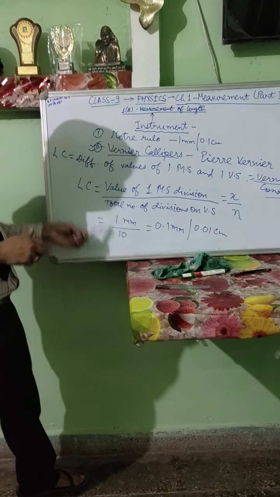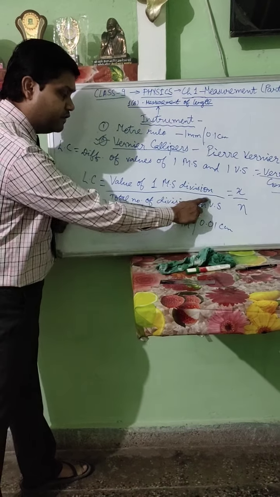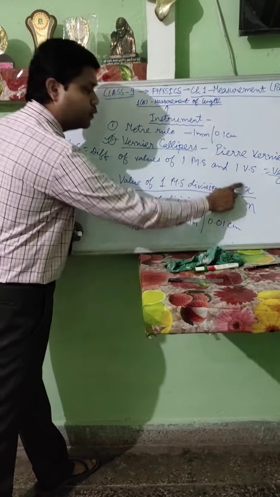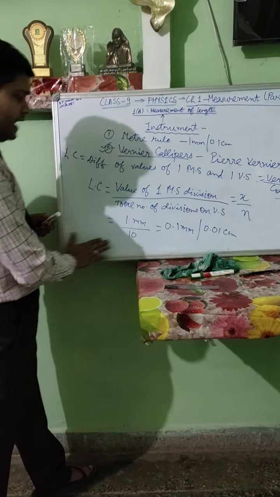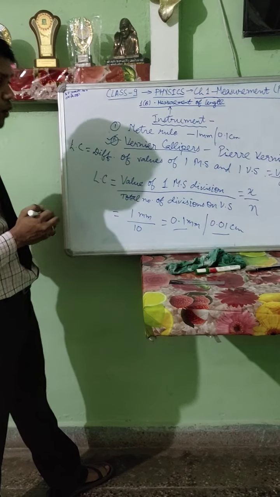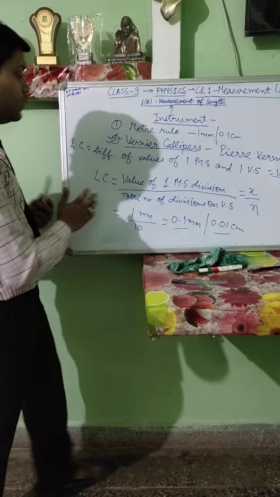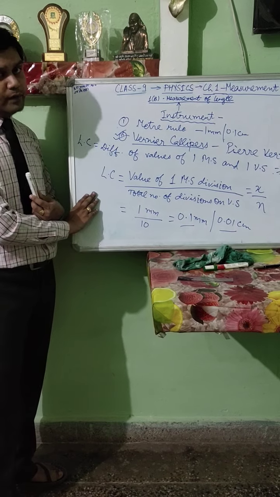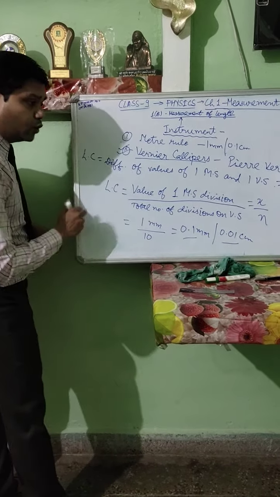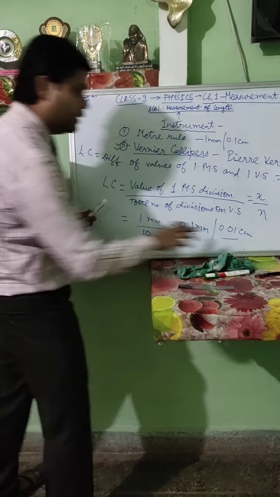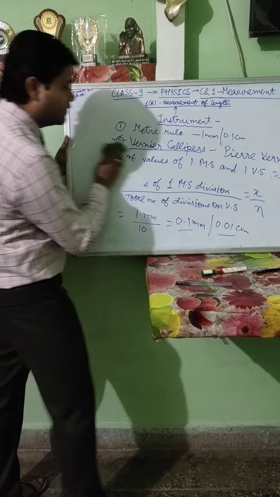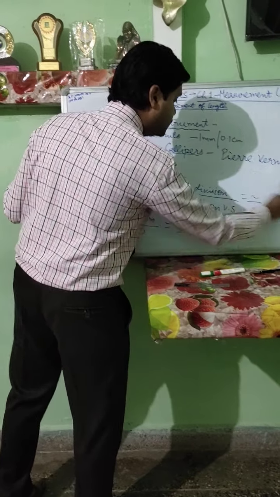So this was about the least count: value of one main scale division upon total number of divisions of vernier scale, that is X upon N, and the least count is 0.1 mm or 0.01 cm. You have to learn the formula and the numericals will be coming on this only. Now we are going to discuss the total reading.